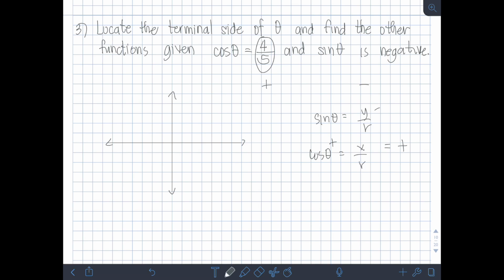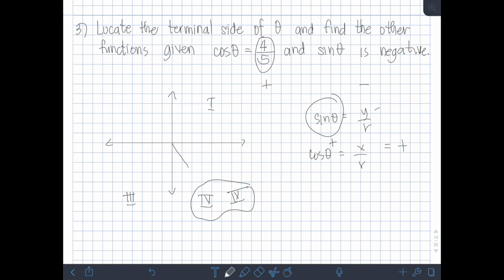Si y, since negative daw si sine, saan ba nagne-negative si y? Sa quadrant 3 or quadrant 4. But si cosine theta natin is positive. So, pwede siyang nasa quadrant 1 or quadrant 4. Right? So, therefore, intersection nila itong quadrant 4. So, therefore, yung theta natin ay naglalay dito sa quadrant 4.